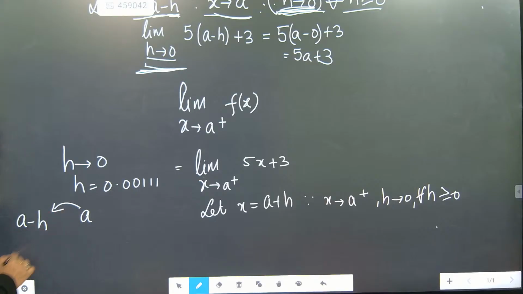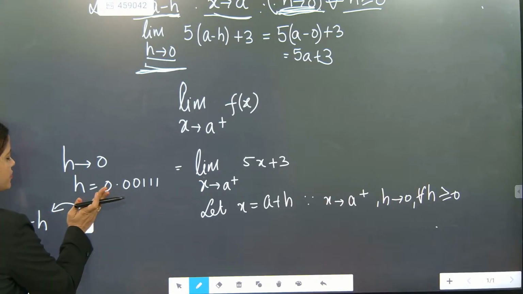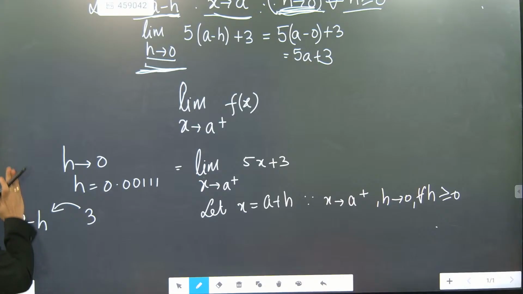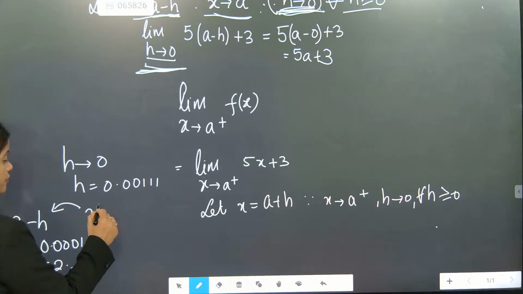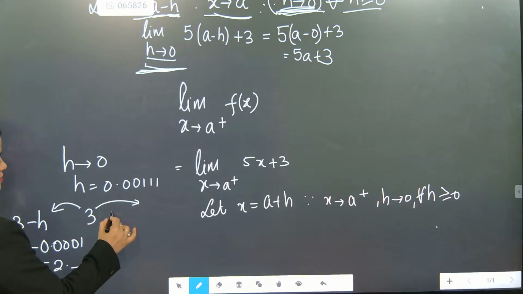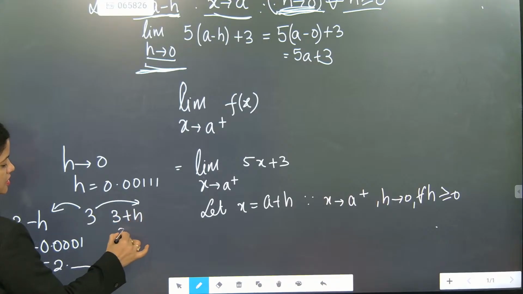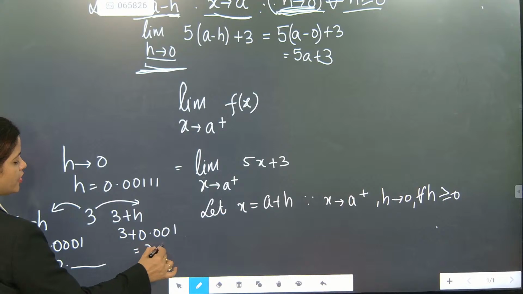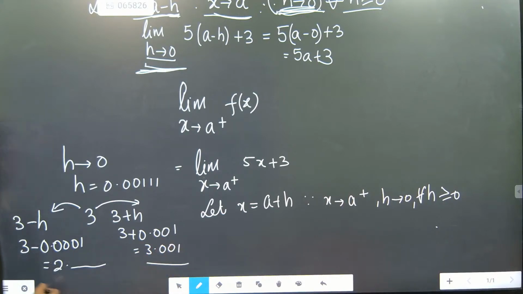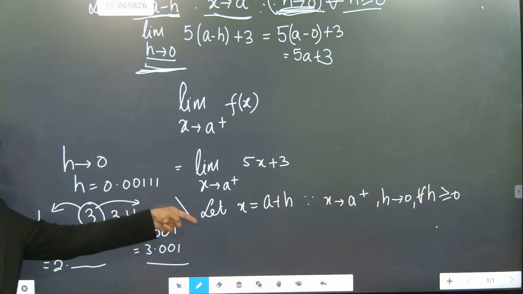a minus h, understood? With numbers it is easy. That means 3 minus 0.0001, so it will become 2 point something. From here, if you go to 3 plus h, so 3 plus 0.001, so 3.001. When h is subtracted, it took you towards left.